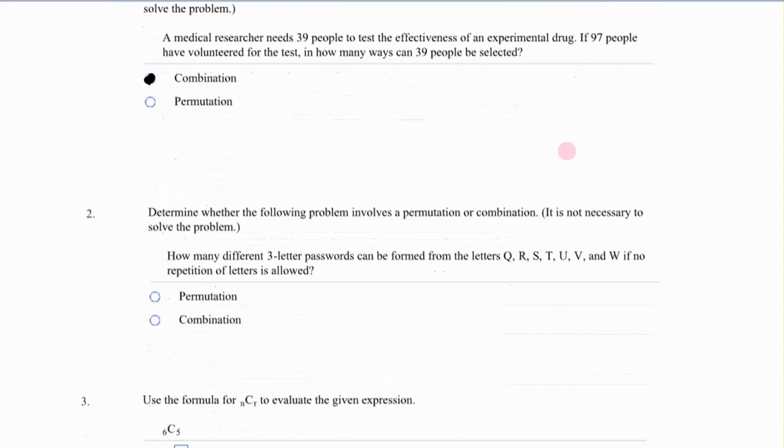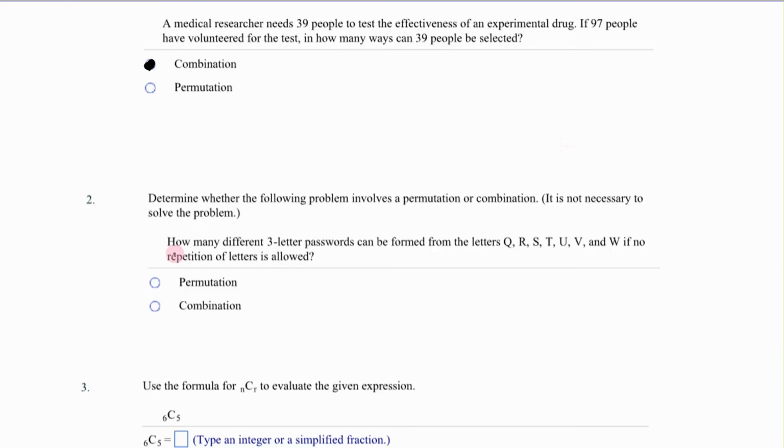All right. Number 2. How many different 3-letter passwords can be formed from these letters if no repetition of letters is allowed? All right, now, does order matter? Well, suppose we had the password QRS.